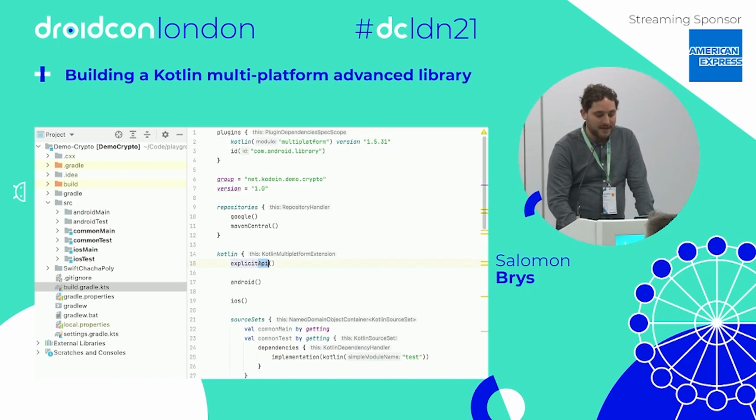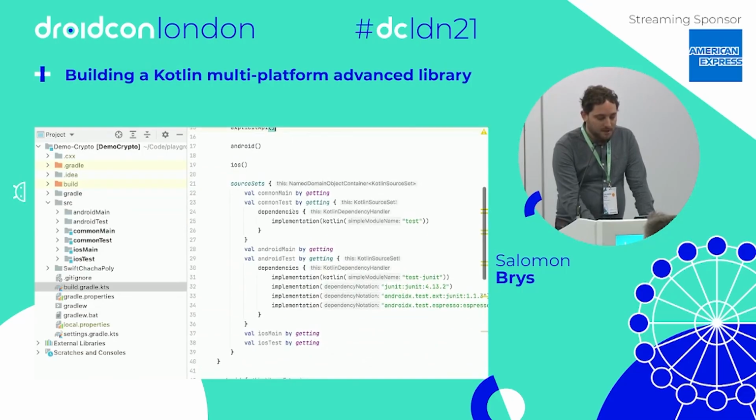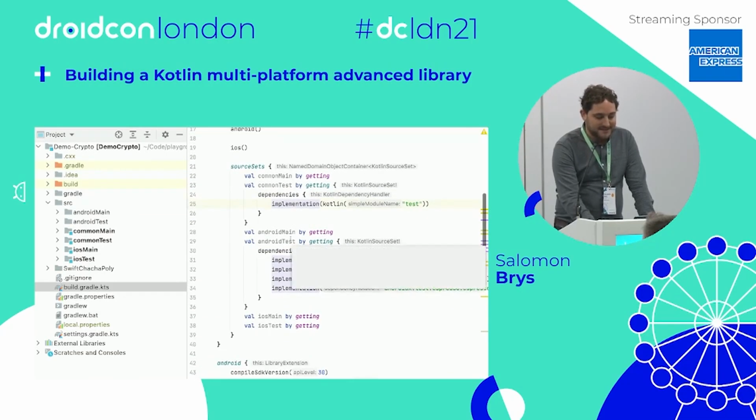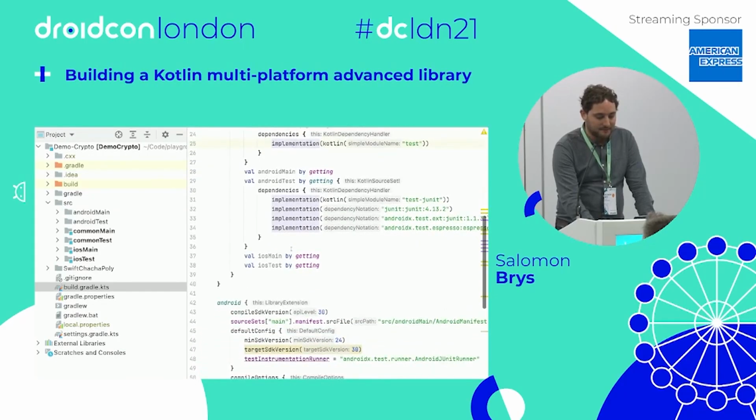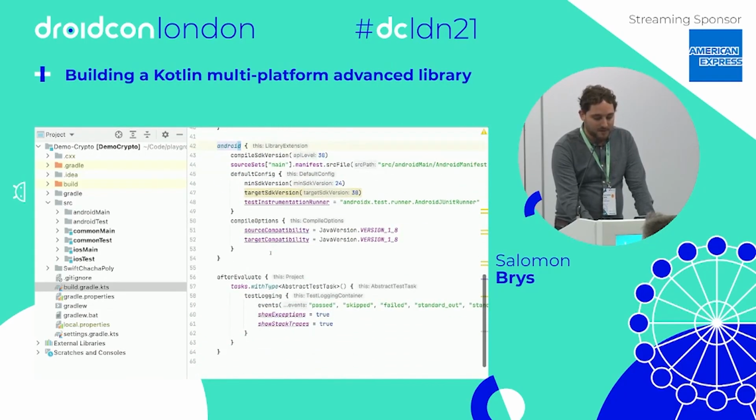I also turned on explicit API, which is also called library author mode, which forces me to write things correctly and not change the API without my users explicitly being aware. So it's pretty standard stuff, having the test dependency in the test implementation and configuring Android with the standard stuff.